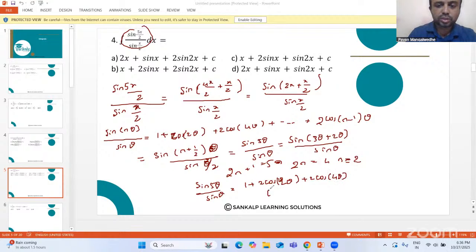Substituting theta equal to x by 2, because here it is sine of x by 2, replace theta by x by 2.